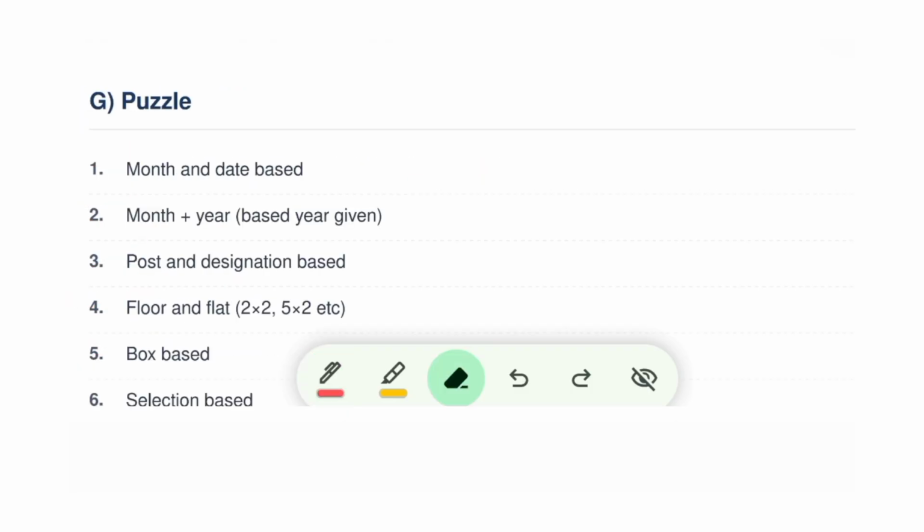This is our topic number 7, the puzzle. Most students consider it dicey. The subtypes are: number 1, month and date based, where a month and one to three dates are given, and then we follow the passage and make the puzzle accordingly. Then second is month and year based, where a base year is given and we have to calculate the age.